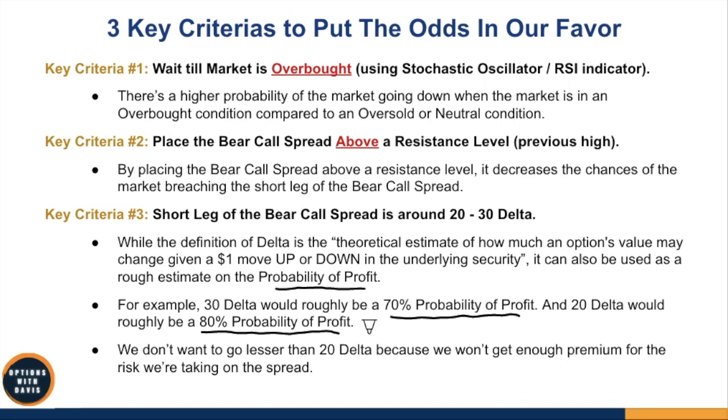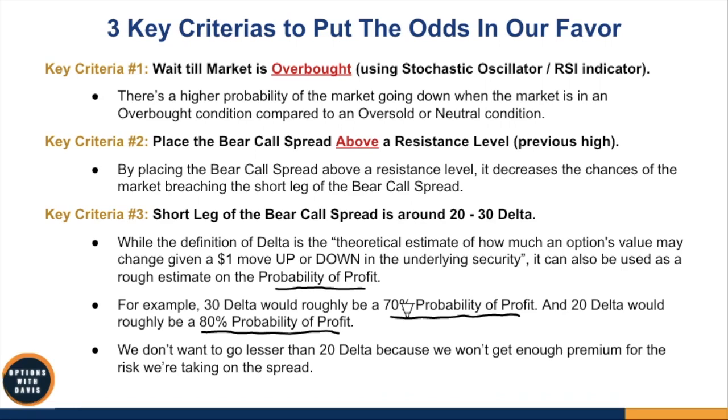So the key idea here is that if we want something that's above 70% probability of profit, we can achieve that just by identifying the short strike delta. Let's say the short strike delta is 30 deltas, and we have a 5-point wide or 10-point wide vertical spread, or bear call spread. Based on the mathematical formula, which is a complex formula, we already have roughly a 70% probability of profit.